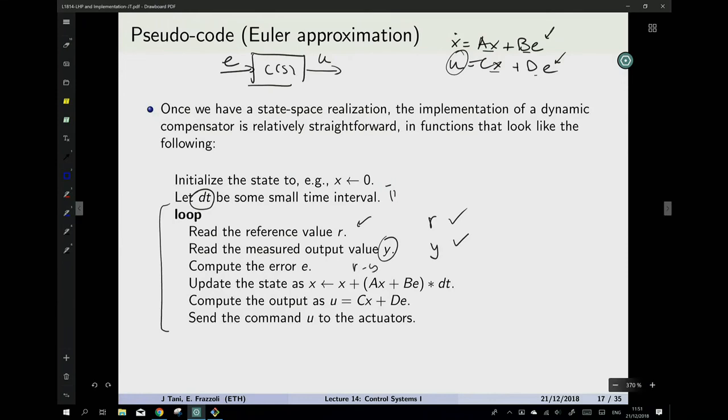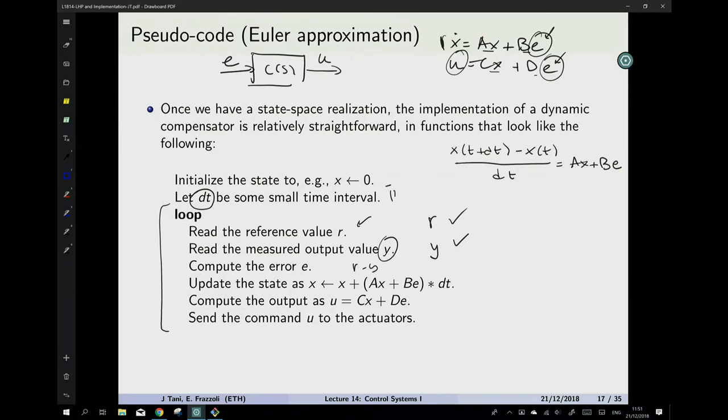You've got the error, so now we have this part here. And how do we approximate the x dot equals? Well, x dot is nothing but x at t plus dt minus x of t, divided by dt, equals ax plus be, right? So we're just replacing that derivative that the computer doesn't know how to do with a finite difference. We will see this more in detail later on, but it's what happens all the time when you solve a differential equation with a computer.